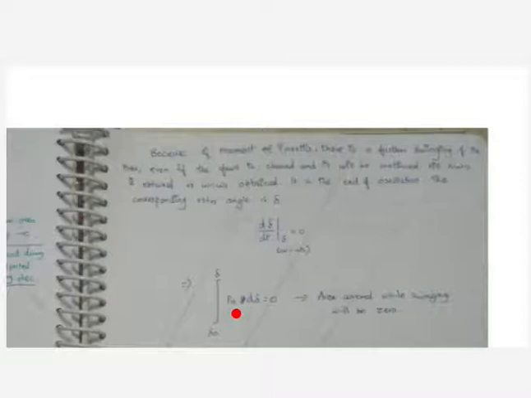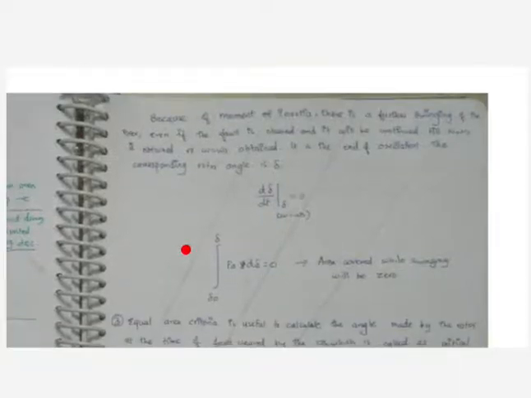So equal area criteria can be used to see if the system is stable. If the areas are equal, then the system will be stable, right? If the areas are not equal, if there is some difference, then the stability will be affected.